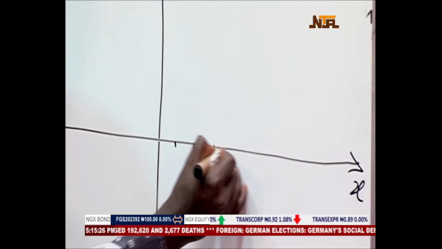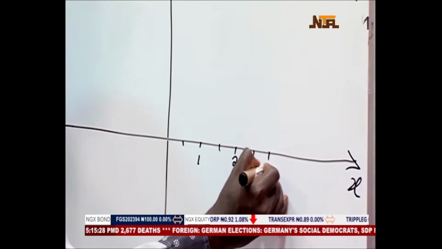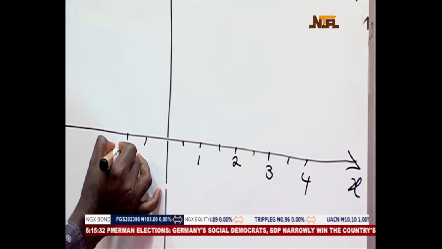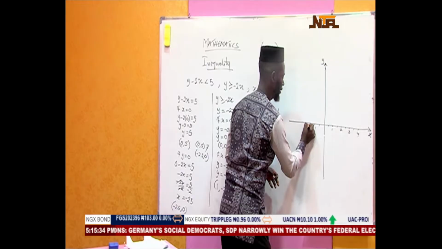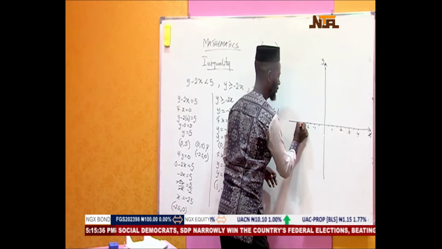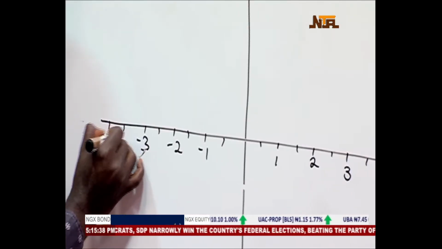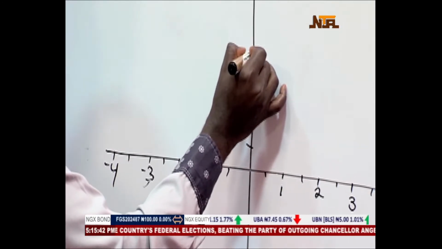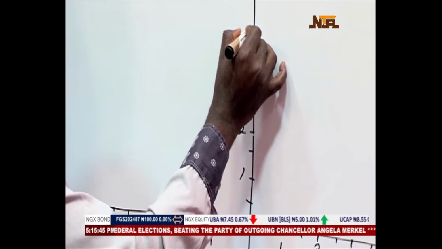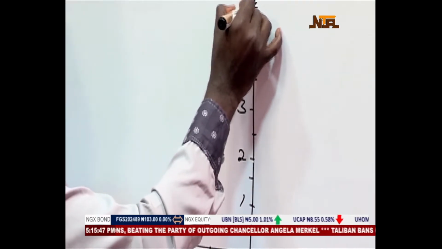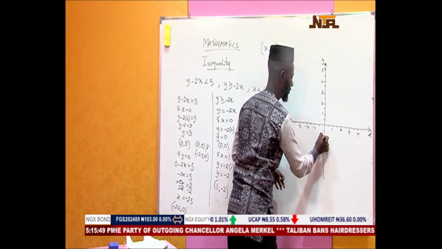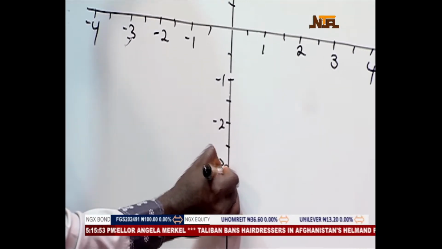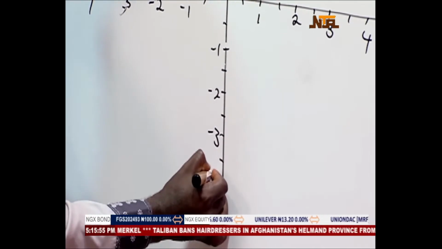This is 1, 2, 3, 4. Minus 1, minus 2, minus 3, minus 4. 1, 2, 3, 4, 5. Minus 1, minus 2, minus 3, minus 4.